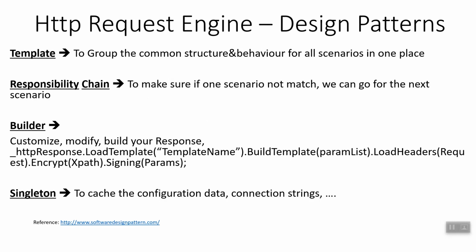So in the HTTP request engine, I used several design patterns, but mainly I use the template design pattern, so I can group common structure and behavior for all scenarios in one place. Chain of responsibility means each request can be handled by one or multiple handlers, and we have the builder design pattern, and in the end of the day we have singleton.